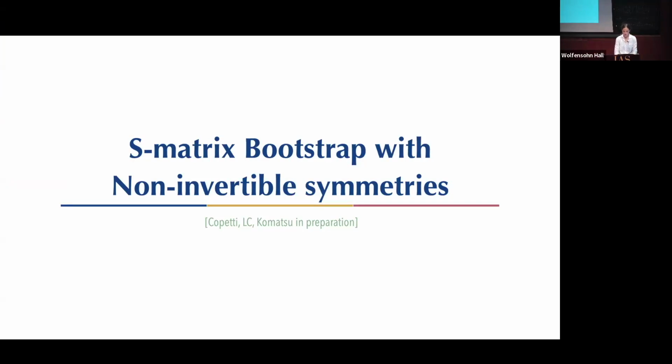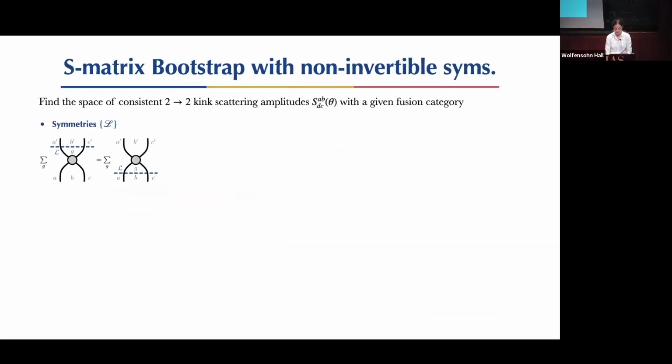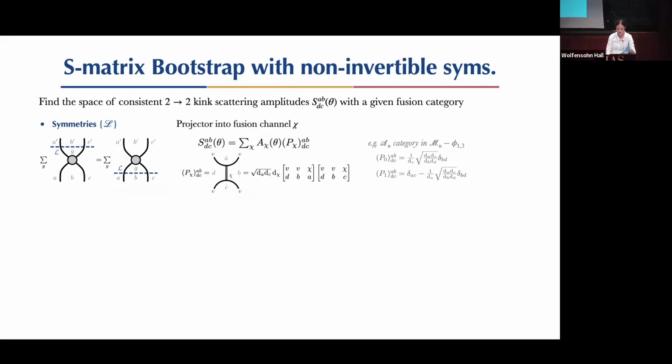Okay, so I told you one example of one amplitude we can write down, but actually you can do bootstrap for non-invertible amplitudes if you just say, I have this symmetry given by some category. So instead of asking for Yang-Baxter, as we did for this particular model, you would ask for these Ward identities.